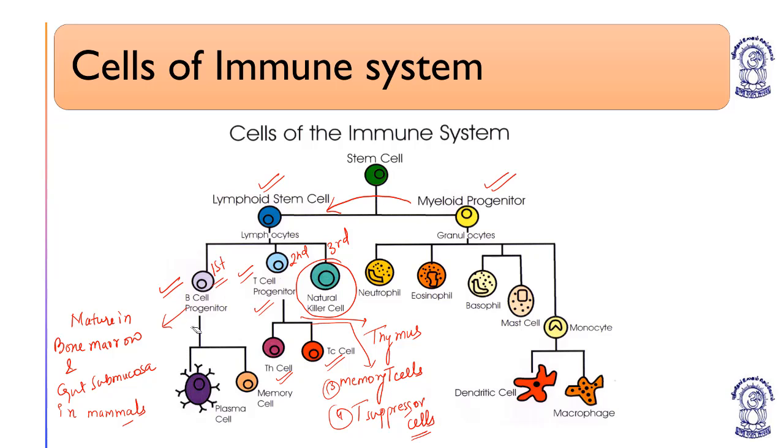Understood? Now the premature B cell forms activated B cell, which further forms memory cell and plasma cell. Memory cells, they are known as what? Primed cells. Okay? Is it understood? The myeloid progenitor forms granulocytes, which further differentiate into neutrophils, eosinophils, basophils, mast cells, and the normoblast further forms what? RBCs.